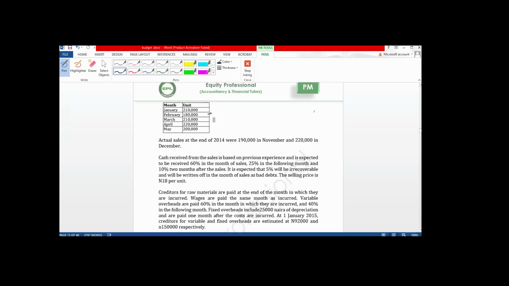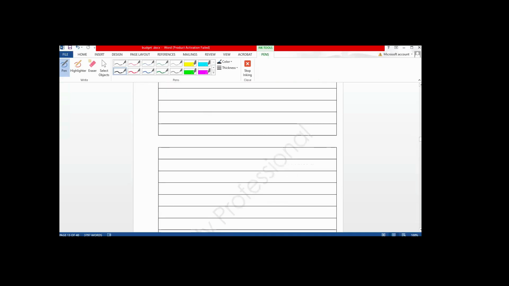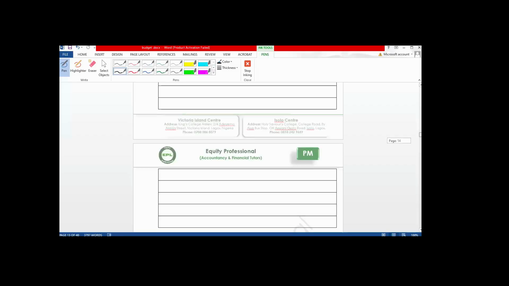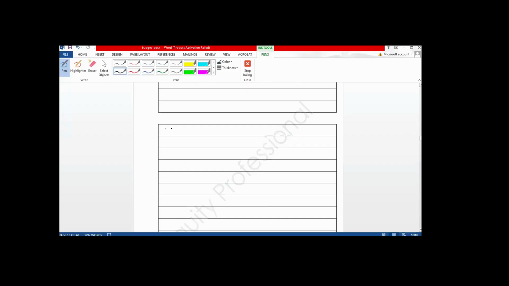So you are going to calculate, look at it. Let's go to workings. Working 1. Calculation of closing stock of finished goods.